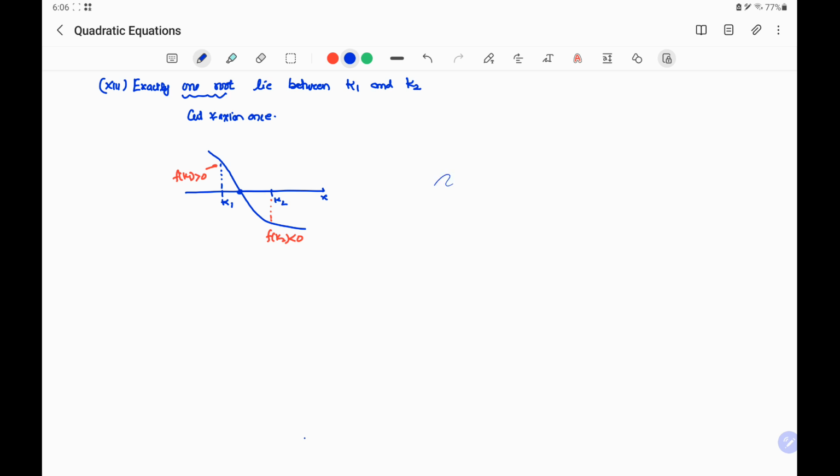Also, if we take another situation, this is k1 and this is k2, and the graph cuts the x-axis between k1 and k2 at a point, and at point k1, the value of the function f(k1) here is less than 0, while at point k2, the value of f(k2) is greater than 0. So from this graph, we can conclude that for a root to lie between k1 and k2, the condition is that the function value at point k1 multiplied by the function value at point k2, because these are of opposite sign, will be a negative value. So this is the condition.